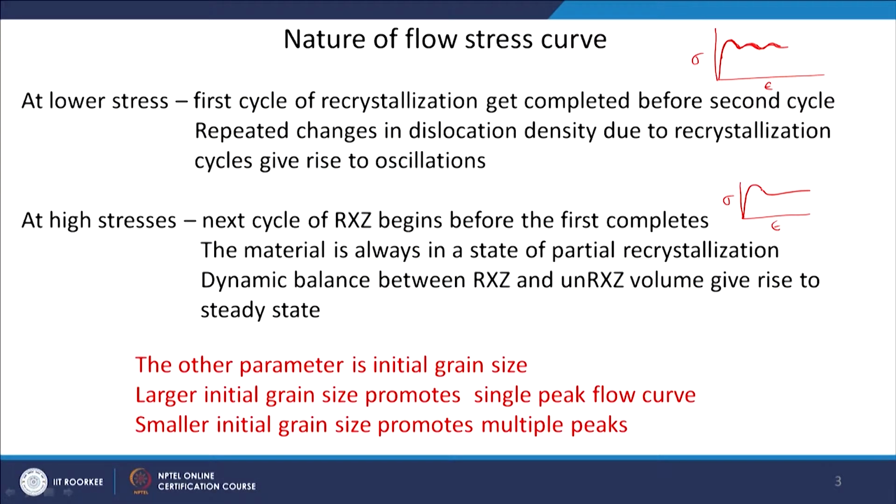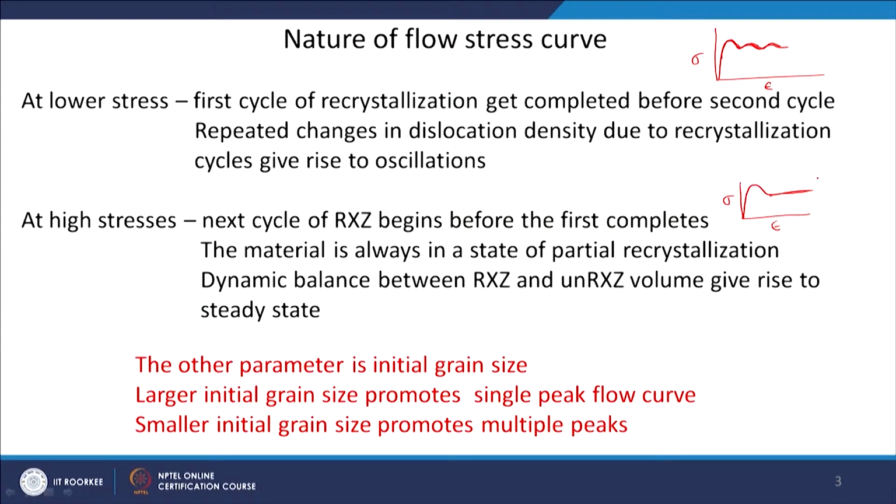Then the material will always be in a partially recrystallized condition. Because of that, after the first recrystallization and the drop in the stress, you see more or less a steady state condition.